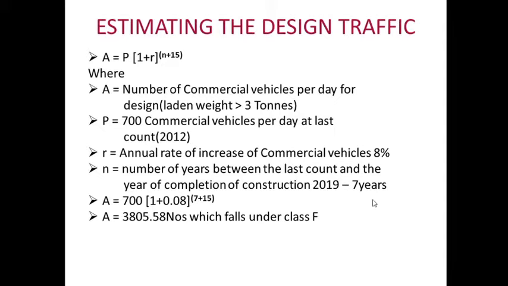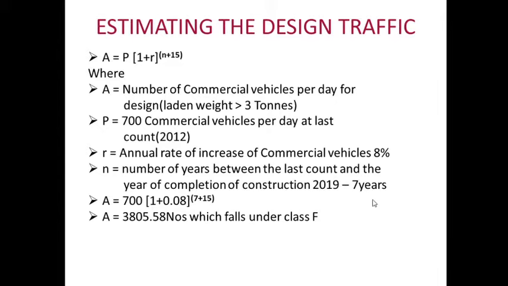Then P is 700 commercial vehicles per day at the last count in the year 2012. R is the annual rate of increase of commercial vehicles, normally taken as 7 to 9%. In our case, we are taking 8%.